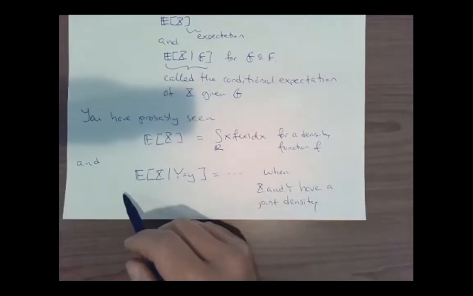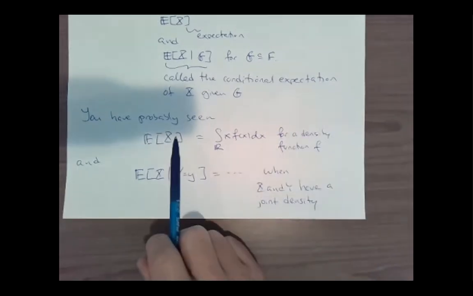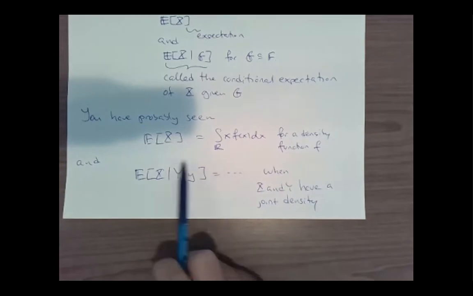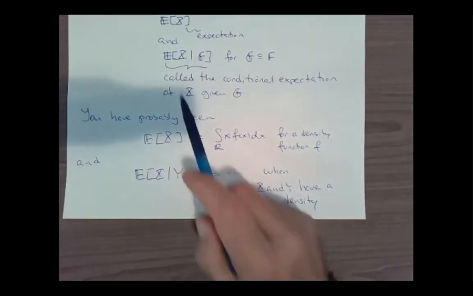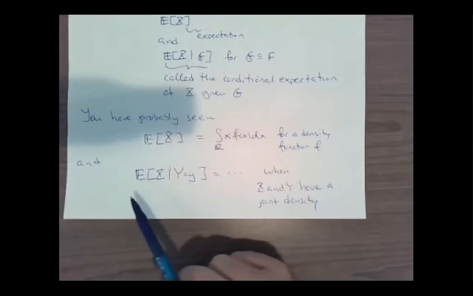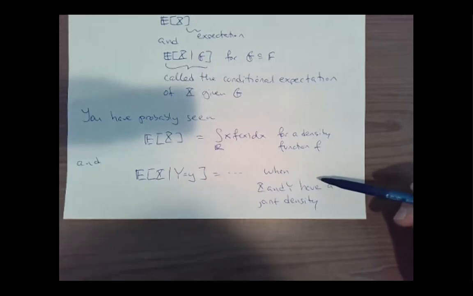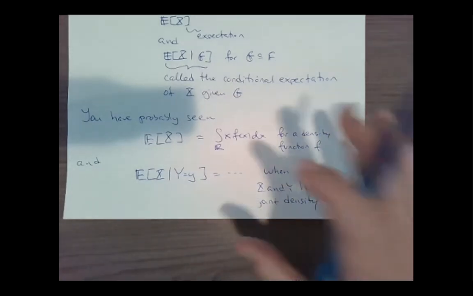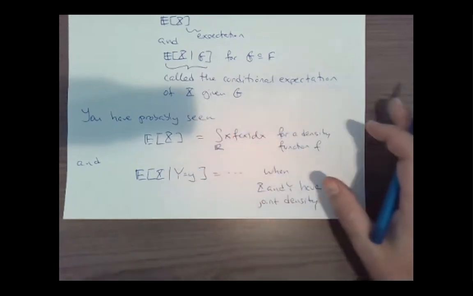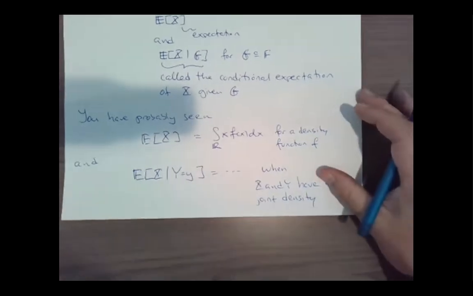So what we're going to be doing here is not going to rely upon having these density functions. We're going to have a general form of the expectation, and a general form of the conditional expectation, and the most general one we can come up with is this E of X given G. We don't have densities when we're talking about these binomial models, because we have a random variable that takes on only two values, so it's not going to have a density.